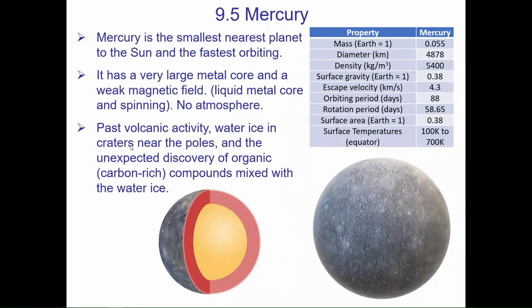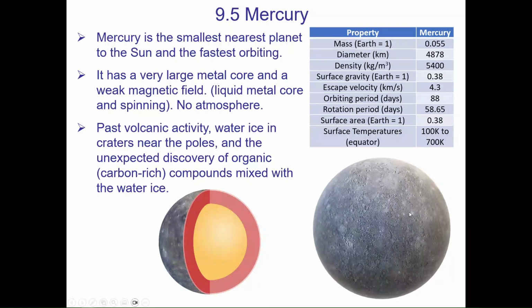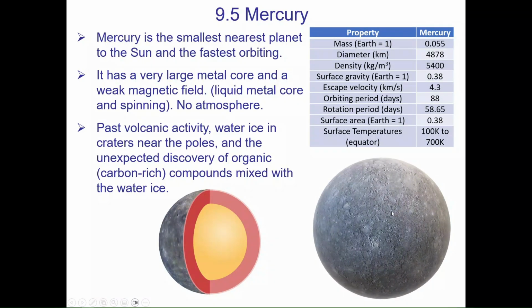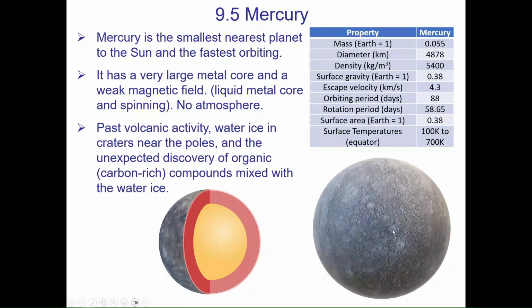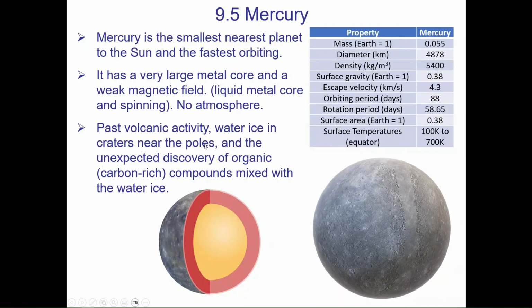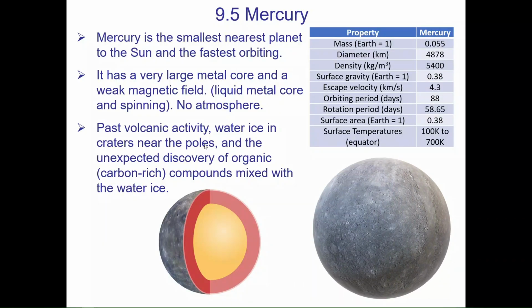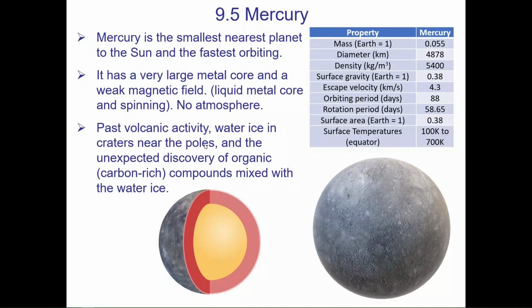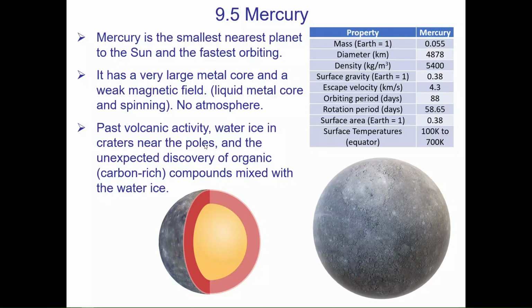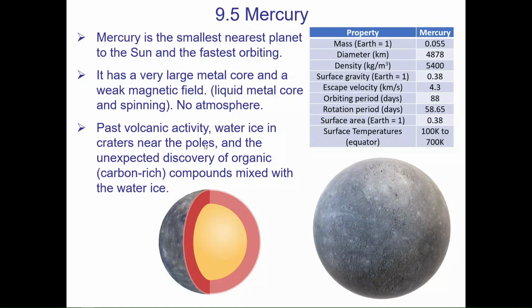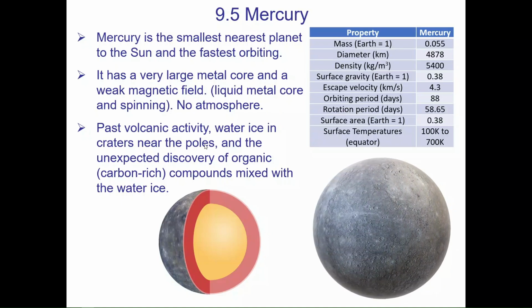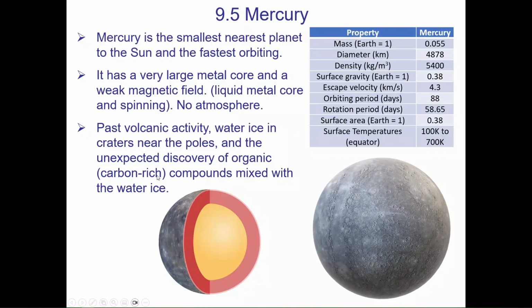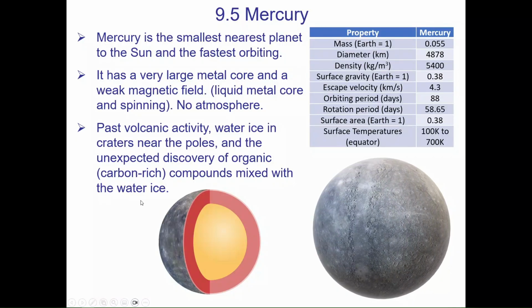There is some level of past volcanic activity on Mercury when we look more closely. Also, water ice can be found in craters near the poles, similar to the Moon. And also we have some unexpected discovery of carbon-rich compounds mixed with water ice.